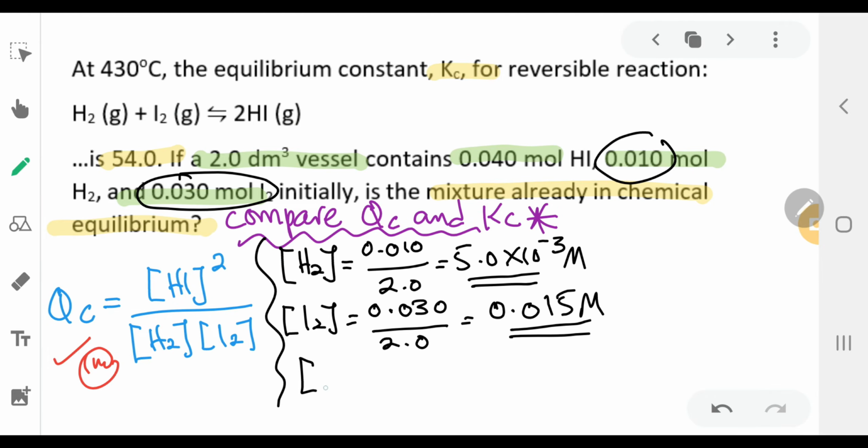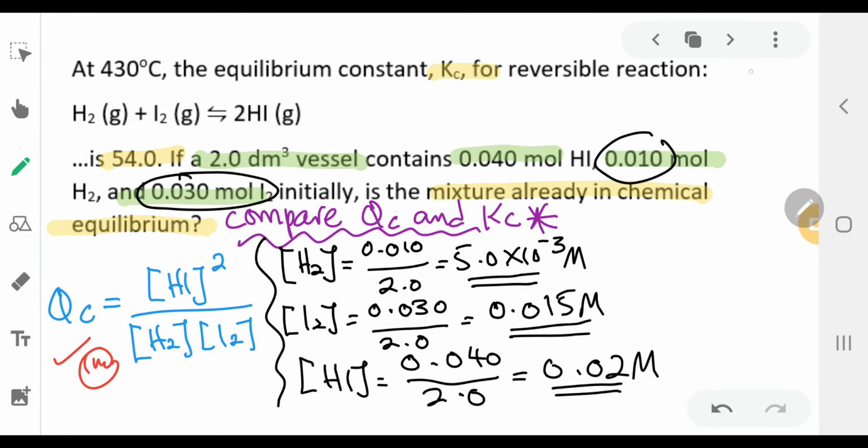And next is the concentration for HI: 0.040 divided by 2.0 gives 0.02 molar.